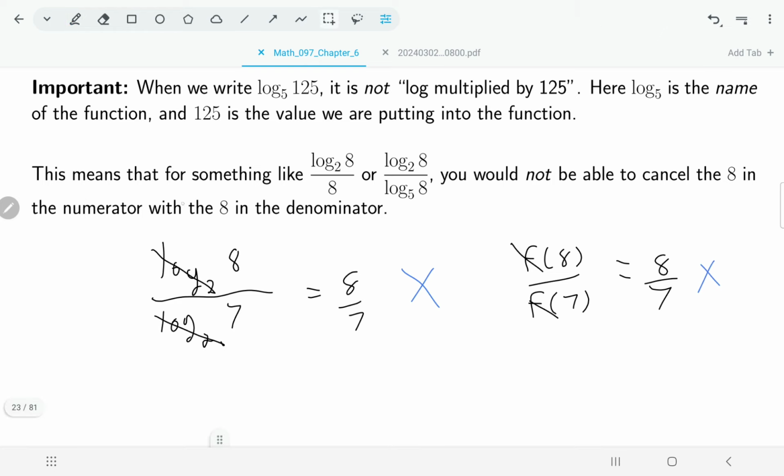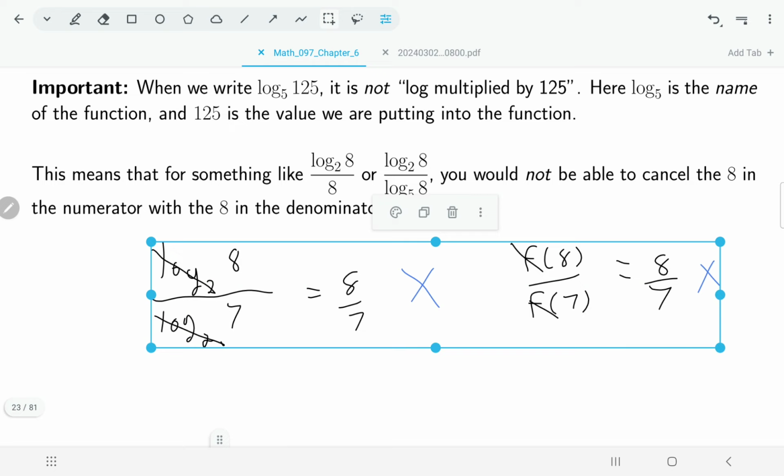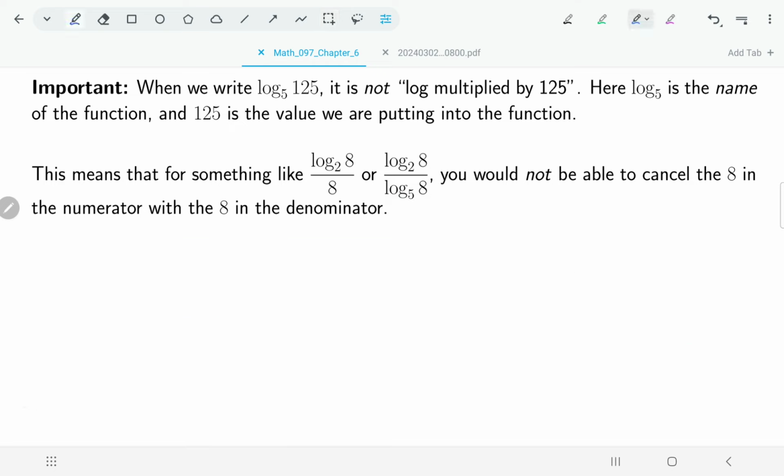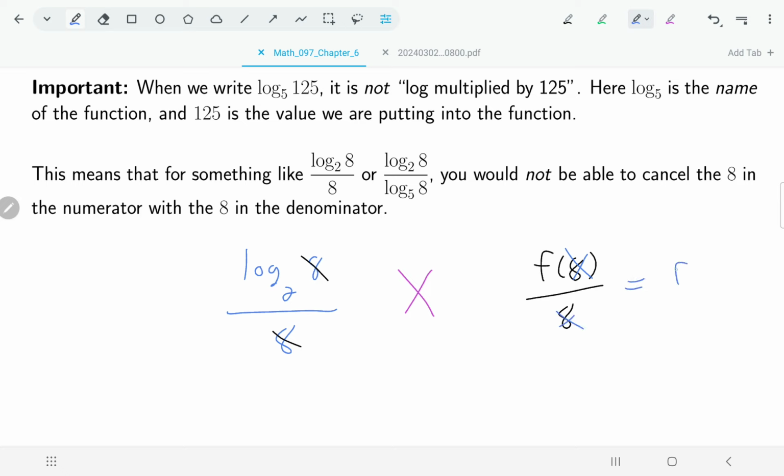Same sort of thing where we have other attempts at simplifying or canceling, where people might say something like log base 2 of 8 divided by 8. They might say, I'll cancel the 8 with the 8. And that also is completely not correct, for the same reason that if you had f of 8 for some function and then divided that by 8, you wouldn't be able to cancel the 8's there and say that that's f of nothing divided by 1.